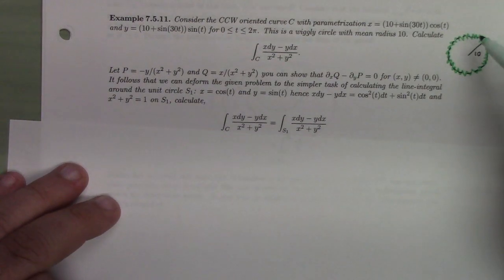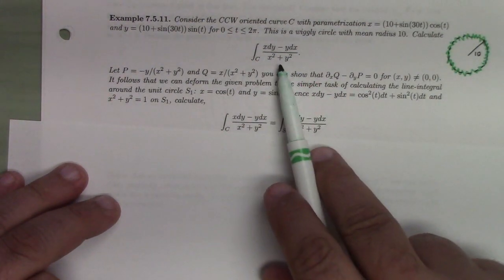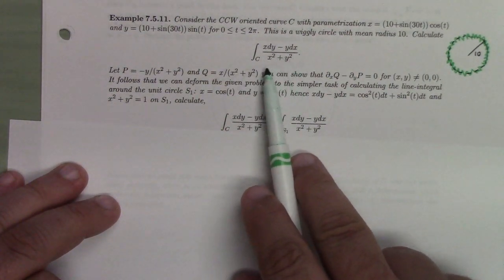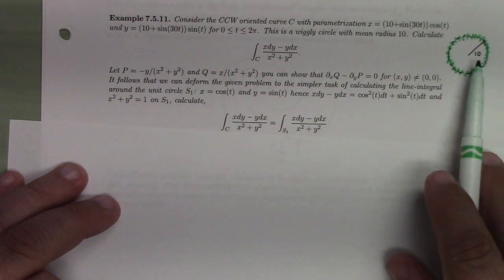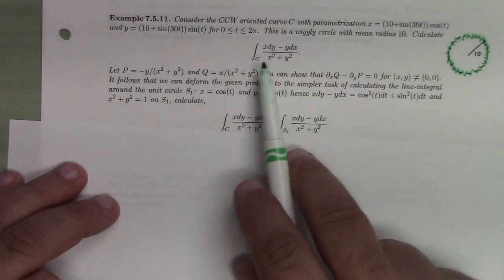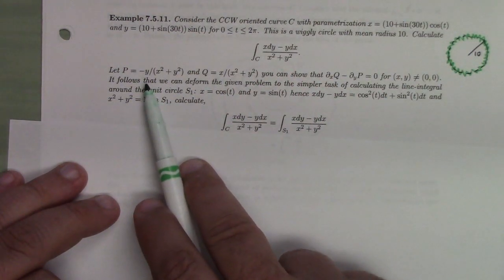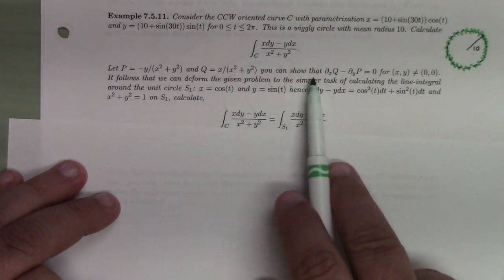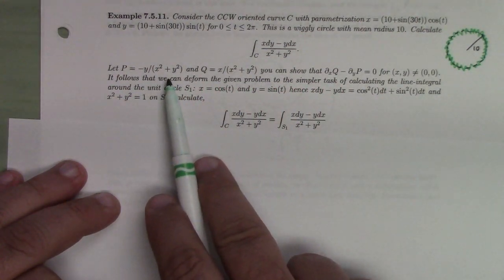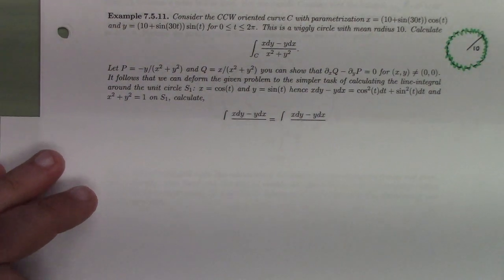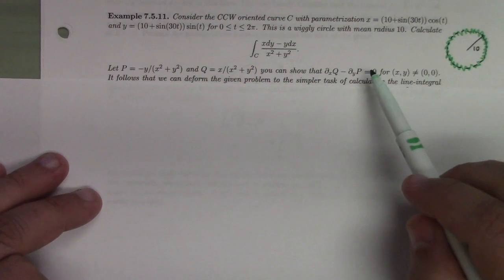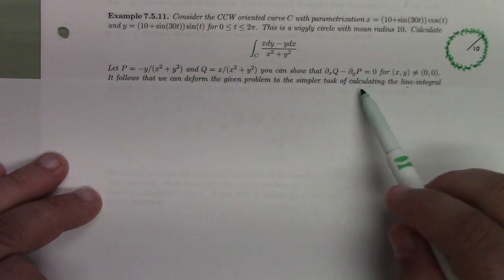It's something else. But the cool thing is, if I wanted to integrate x dy minus y dx over x squared plus y squared over this wiggly circle, if I look at p as minus y over x squared plus y squared and q as x over x squared plus y squared, well, it's not an entirely trivial calculation, but you can show that partial q partial x and partial p partial y are equal.